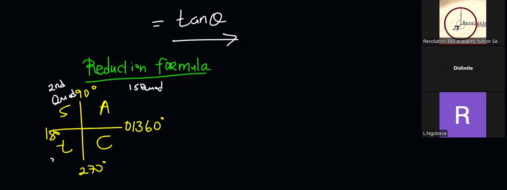Since you now understand that we have 4 quadrants, your reduction formula, if you're going to use 180 minus theta, will be as follows. We'll have the one for sine of 180 minus theta.